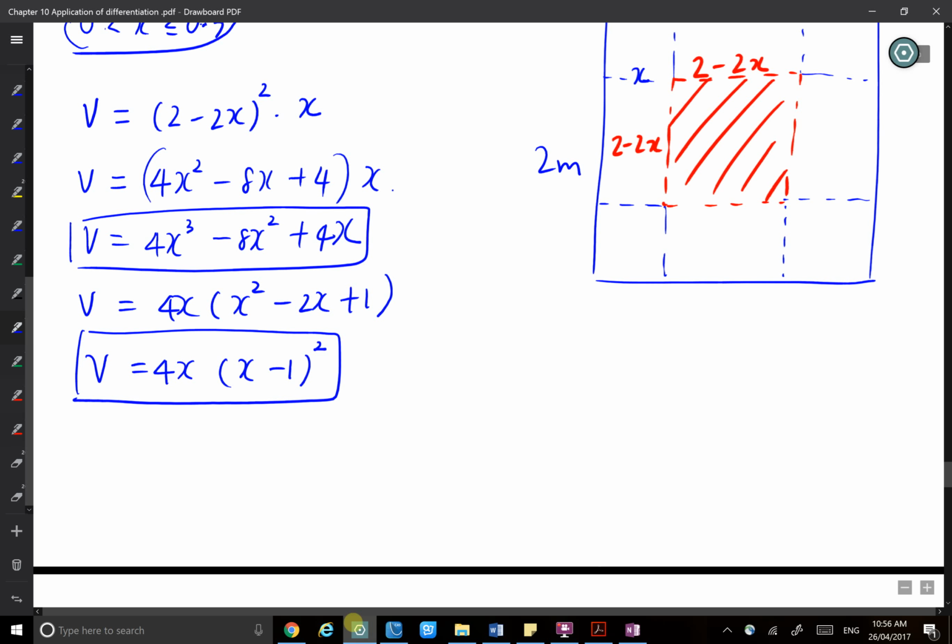Let's first sketch the V(x) graph. So that's the V, that's the x. I will have (0, 0) here, and I have (1, 0). (1, 0) will be a turning point.